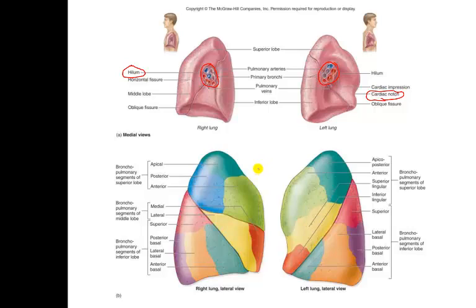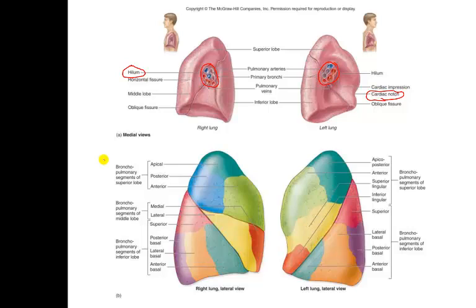And then you can subdivide each lobe into what we call bronchopulmonary segments. So each of these colors here is a different segment. The segments aren't separated by obvious sulci the way the lobes are, but there are actual real pretty significant connective tissue membranes inside the lung that divide the different segments from one another.